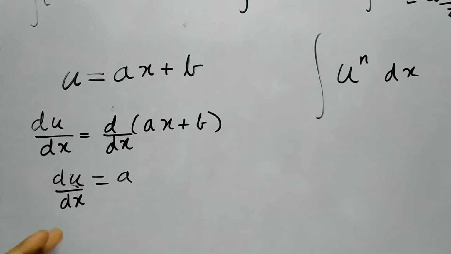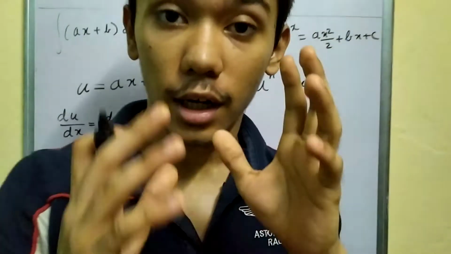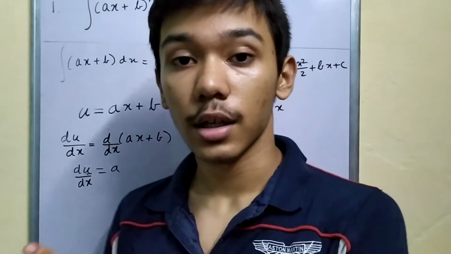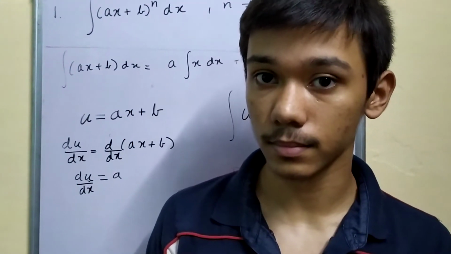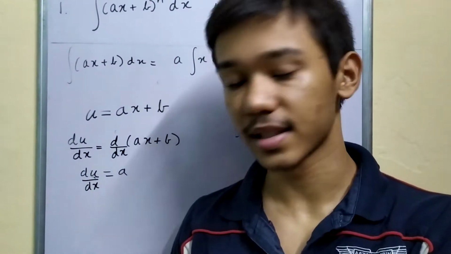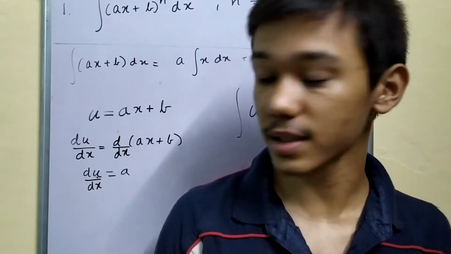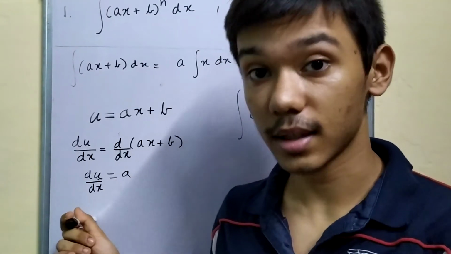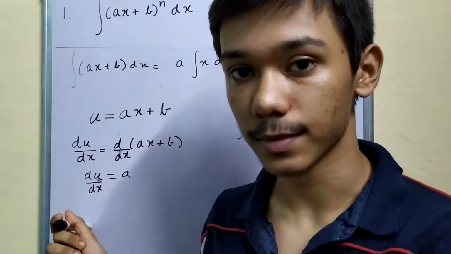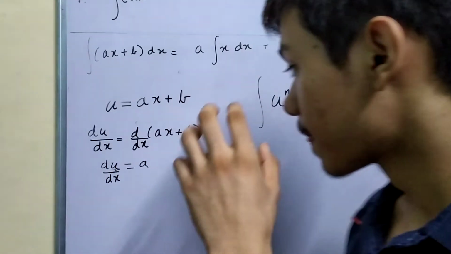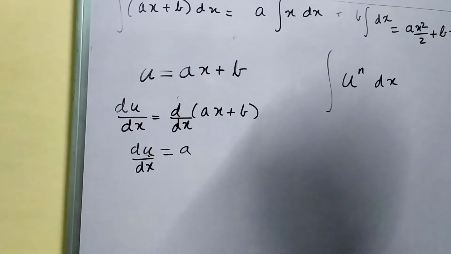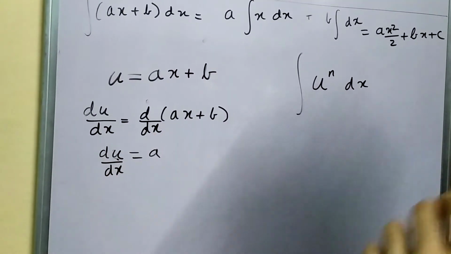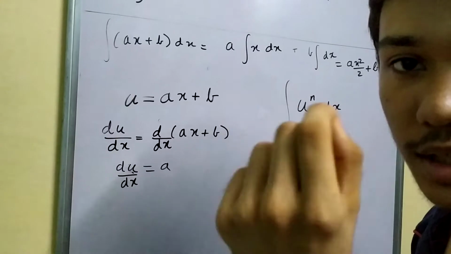Now here's a very crucial point. In this case, you can think of your derivative as a fraction. Yes, I said derivatives behave like operators, but in this case they can behave as fractions. Why, and more importantly, how? You can think of this du as a very small change in u.